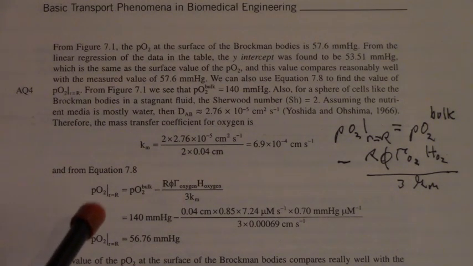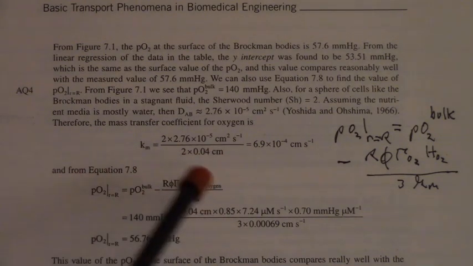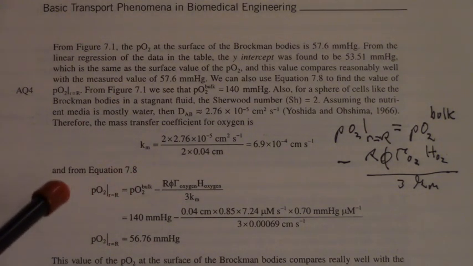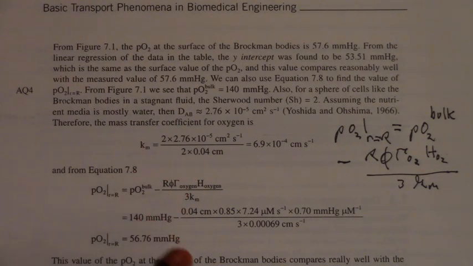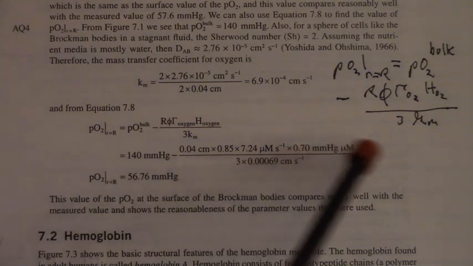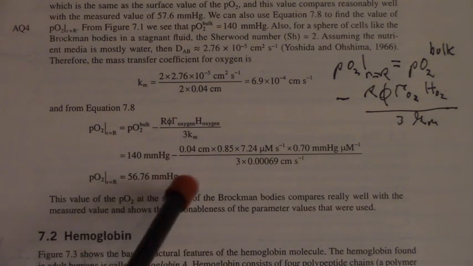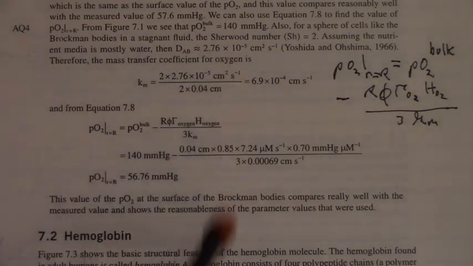And then from equation 7.8, the relationship we obtained by equating at steady state the external mass transfer rate to the oxygen consumption by the Brockman body cells, when we plug in all the numbers, we predict a surface value of 56.76 millimeters of mercury, which is almost spot on to the actual experimental value.